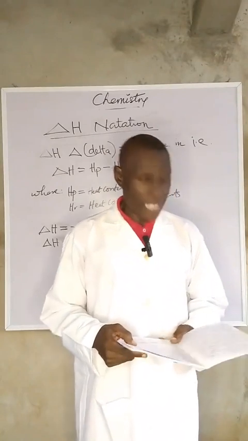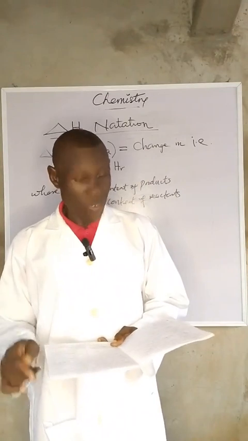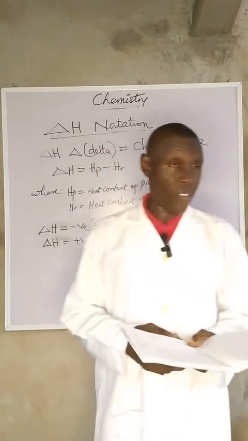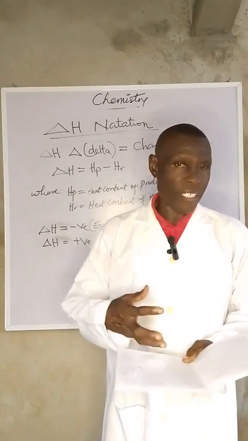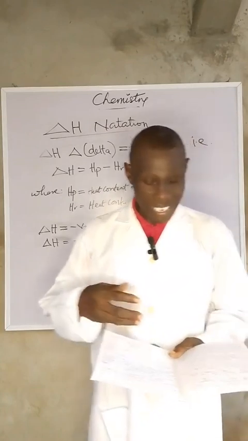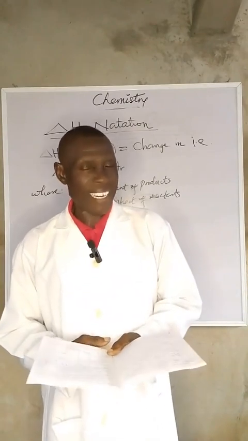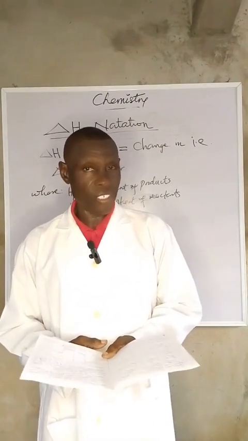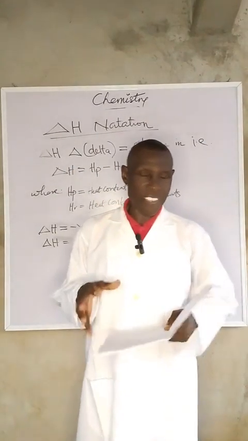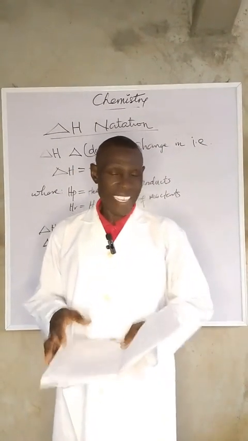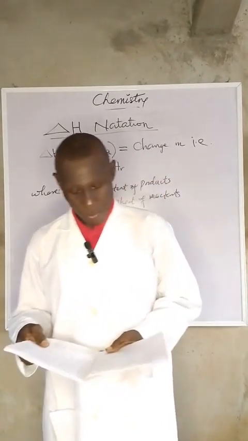The term enthalpy is simply the heat content of a chemical reaction. Enthalpy simply means the heat content, the amount of heat in a chemical reaction. It is represented by the letter H, capital H. That H means the amount of heat content in a chemical reaction, and it's called the enthalpy.